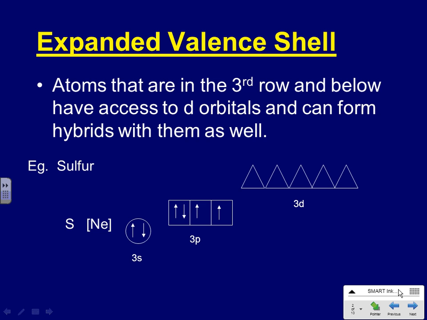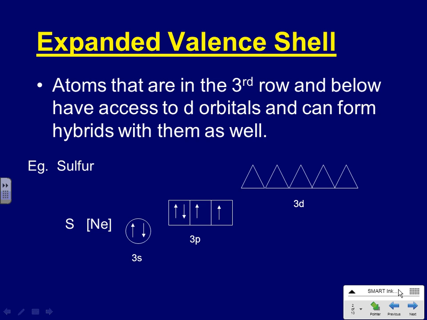They must have the same principal quantum number, 2s and 2p, for example. And I stated that you couldn't hybridize the 3s along with the 2s and 2p. So you can only put together hybridized orbitals that come from the same energy level.